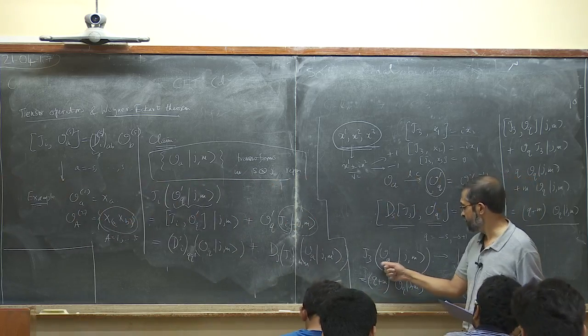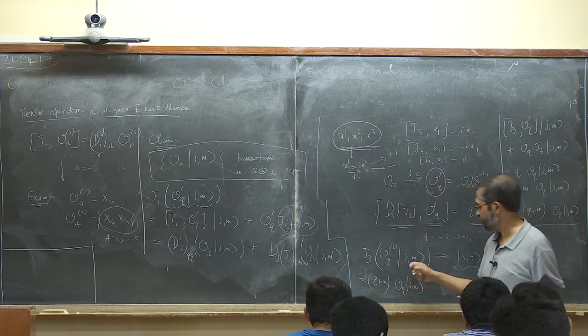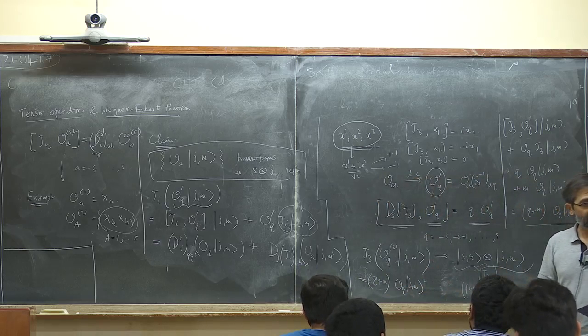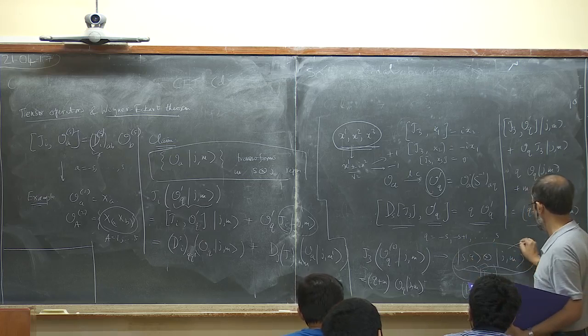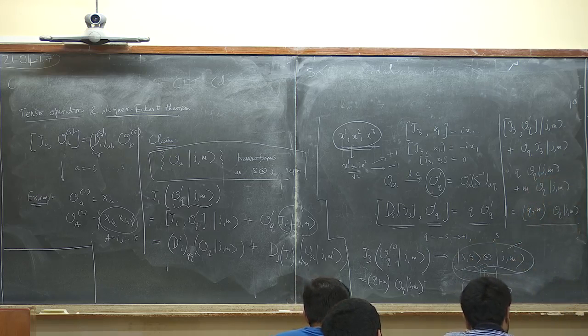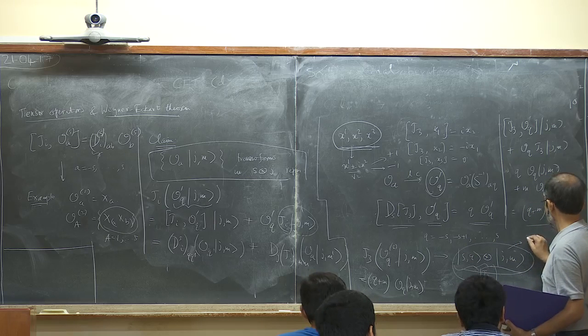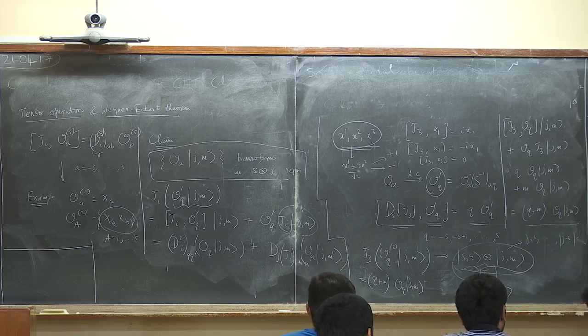Remember that this is a spin S operator. When O Q acts on J m, it can generate representations from J plus S all the way to J minus S. So from the right hand side, I know that this generates irreps from J plus S to J minus S, going down in integer steps.